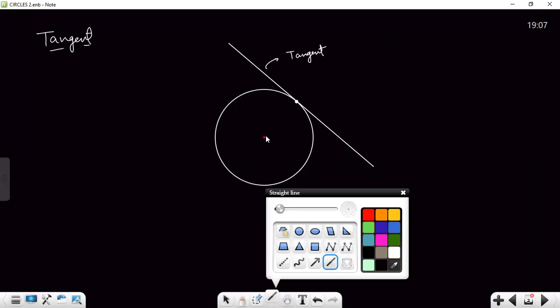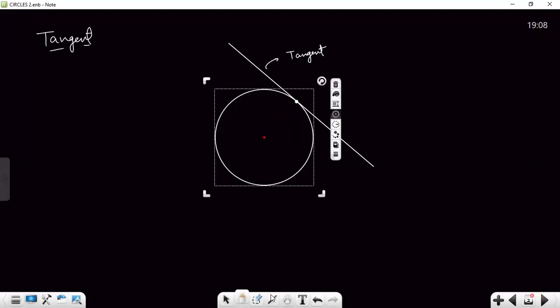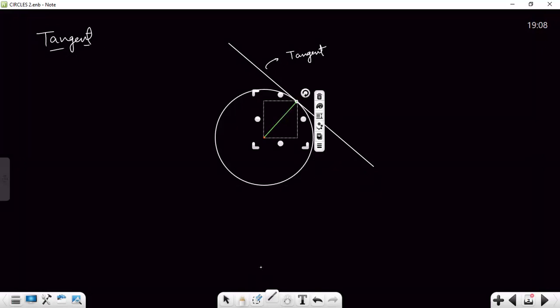If we join the center and the tangent's point of intersection, then the angle between the radius joining the center and the point of intersection and the tangent will always be 90 degrees. This is 90 degrees. So this is the center, this is a tangent. As you know, this is a line.